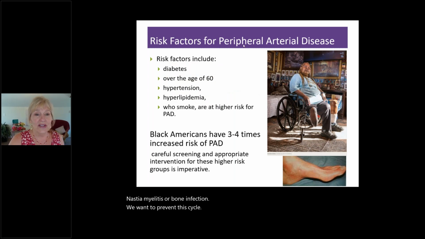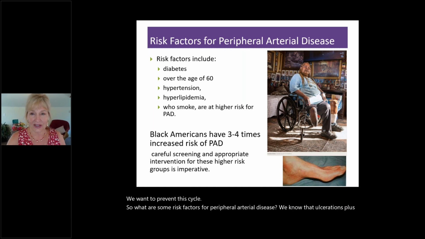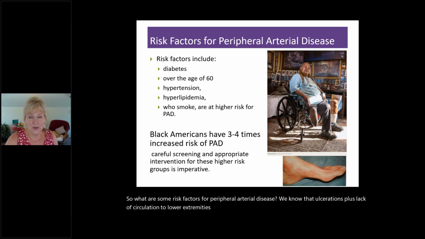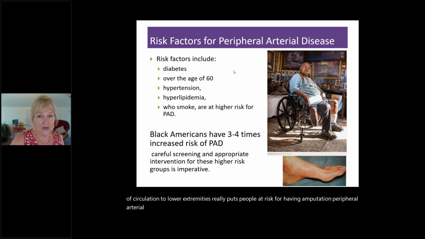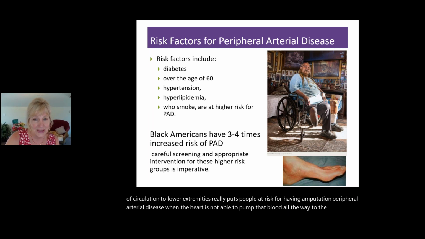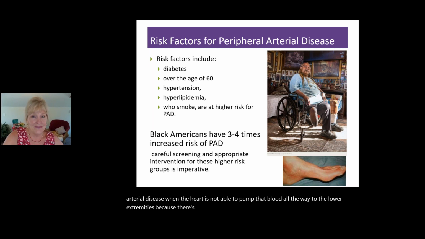So what are some risk factors for peripheral arterial disease? We know that ulcerations plus lack of circulation to the lower extremities really puts people at risk for having amputation. Peripheral arterial disease is when the heart is not able to pump that blood all the way to the lower extremities because there aren't patent vessels, arteries, to push the blood through.